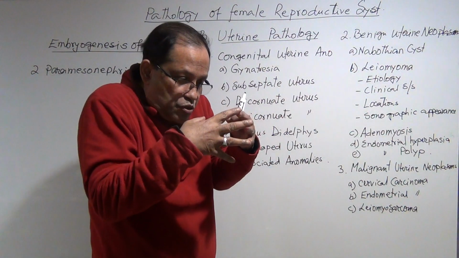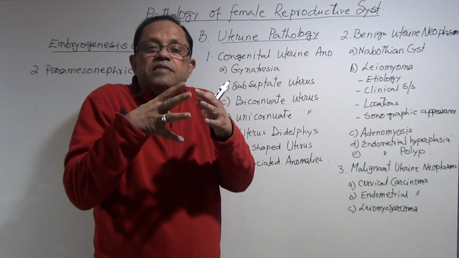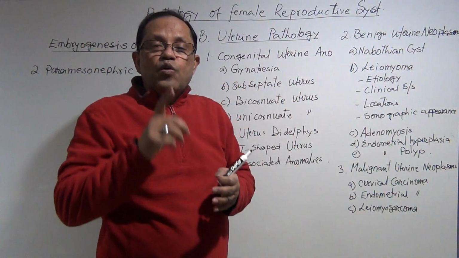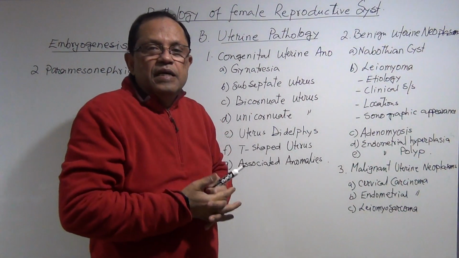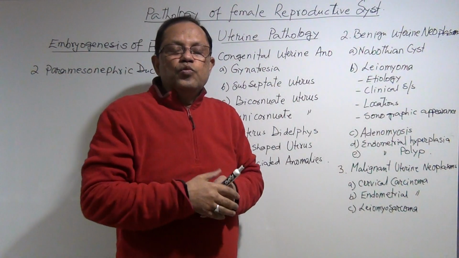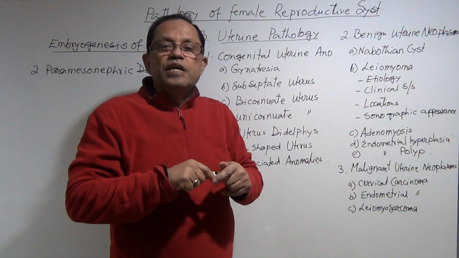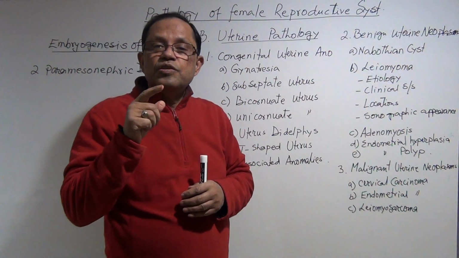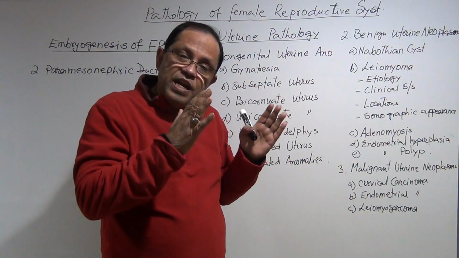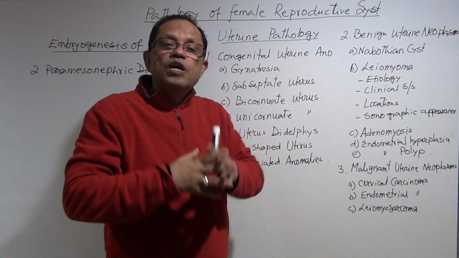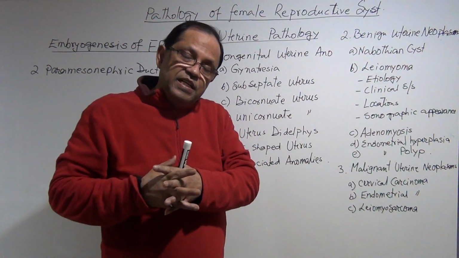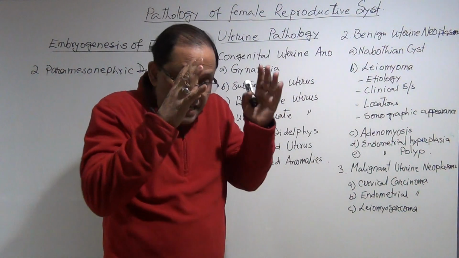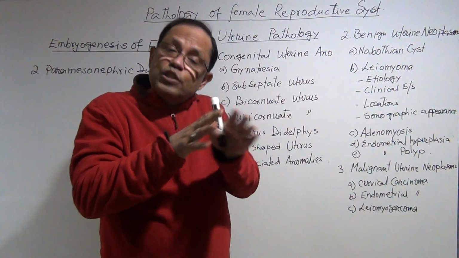So now these two systems originate from the one same tissue known as the urogenital ridge. The urinary part comes from the uro, the genital part comes from the genital. So the urogenital ridge is the common source for the two systems.